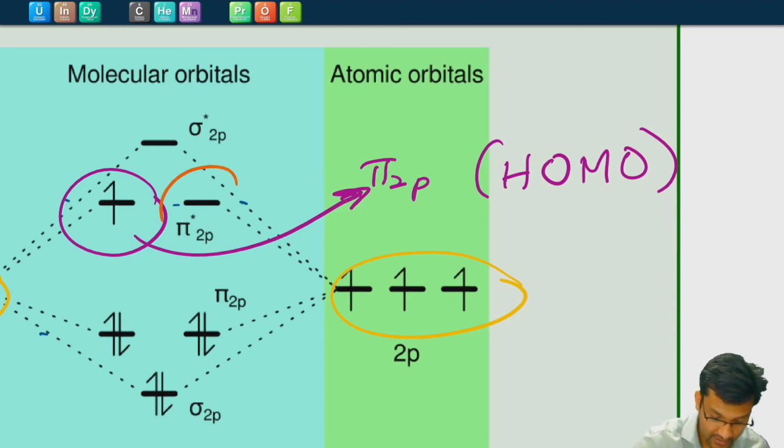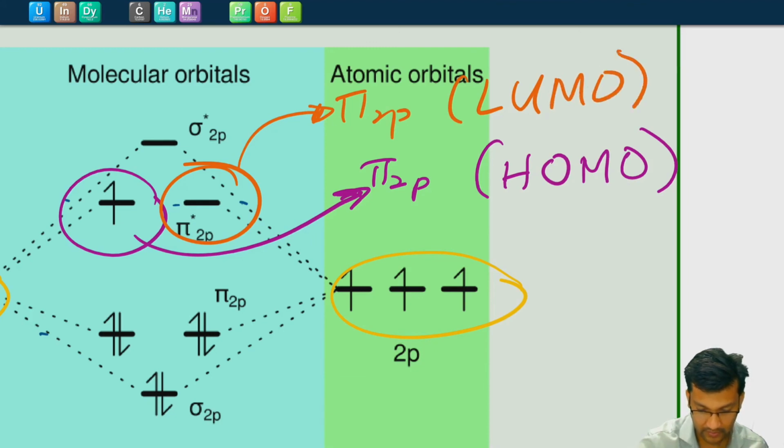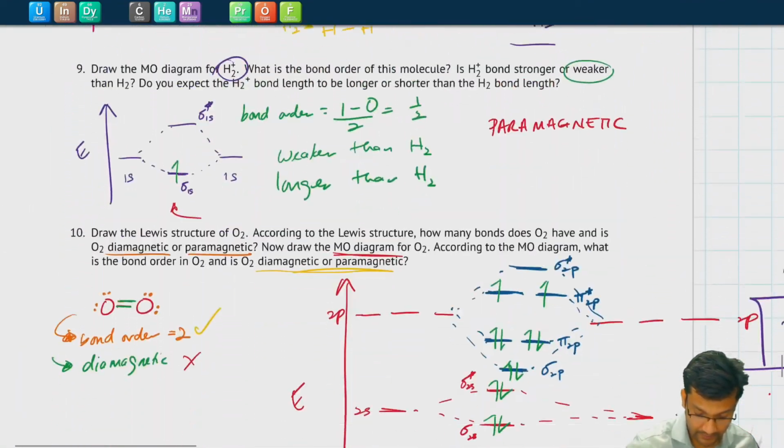And then this orbital is unoccupied and it has the lowest energy of all the unoccupied orbitals. So this is again a pi 2p. It's the lowest unoccupied molecular orbital. It just so turns out that in this example, the HOMO and the LUMO have the same energy. Let's look at some examples that we did down here.